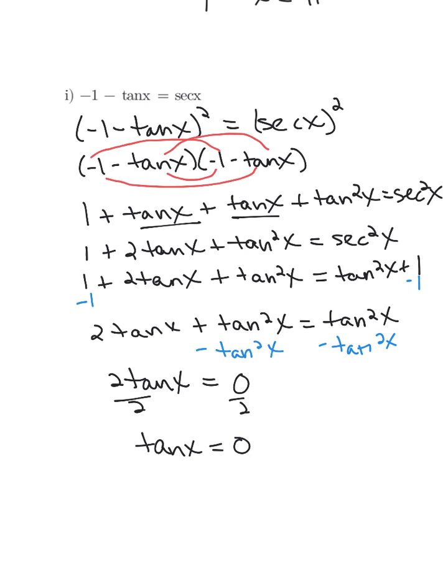Well, where does the tangent equal 0? If you put the y value over the x value, where do you get 0? That happens at the angles of 0 and at pi. We do not say 2 pi because we already said 0. And remember, our very beginning directions said that 0 is included, but 2 pi is not included. So we stop in 1 revolution.